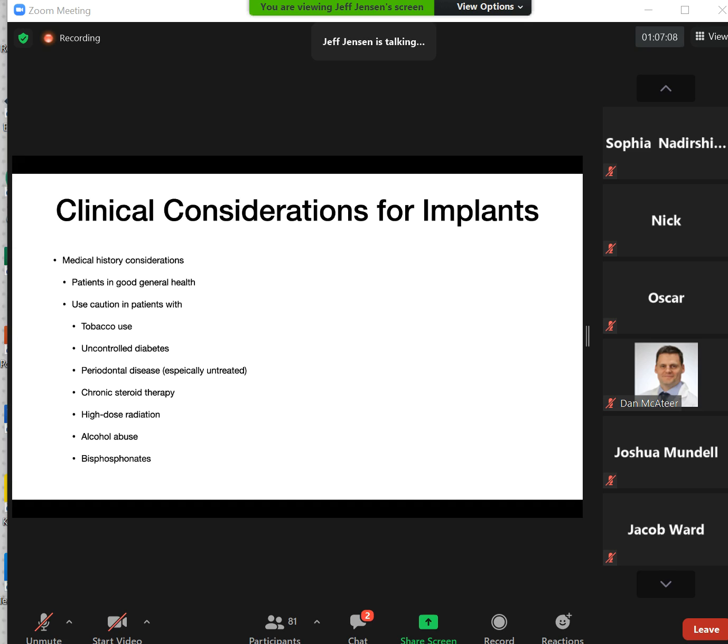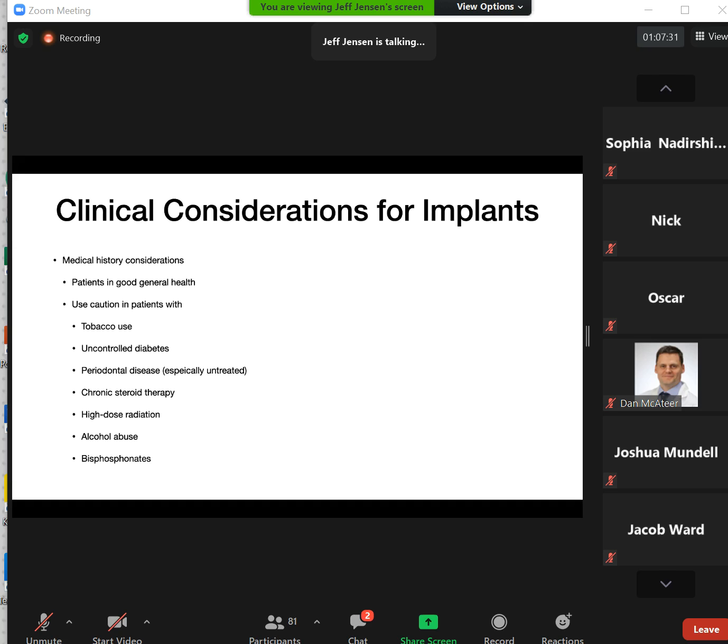Periodontal disease is something to be aware of. So if a patient has uncontrolled periodontal disease, we have to be really careful with their treatment. We have to make sure that we stabilize them before we do an implant, and we have frequent follow-up. Chronic steroid therapy, again, that can affect inflammation and healing.